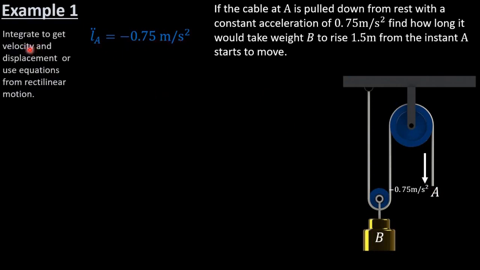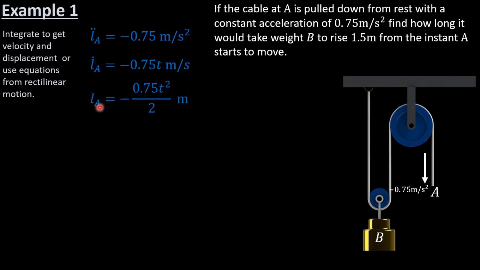So to get velocity, I integrate that to get velocity and displacement, or I could use the equations from rectilinear motion. But I'm going to integrate this. So if I integrate minus 0.75, I get minus 0.75 t, and that is velocity in meters per second. And if I integrate that again, I get minus 0.75 t squared over 2, and that is in meters.